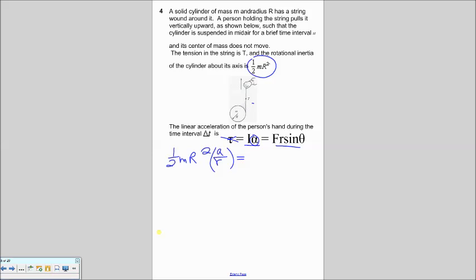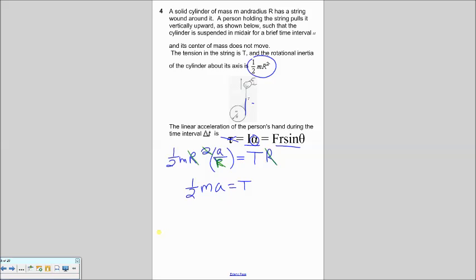Well, the force acting on it is T, that's the tension, and its distance is capital R. So let's simplify down. One of my R's can go away. Oh, that should be a capital R too. So then the other R can go away. And we end up with 1/2 M A equals T.